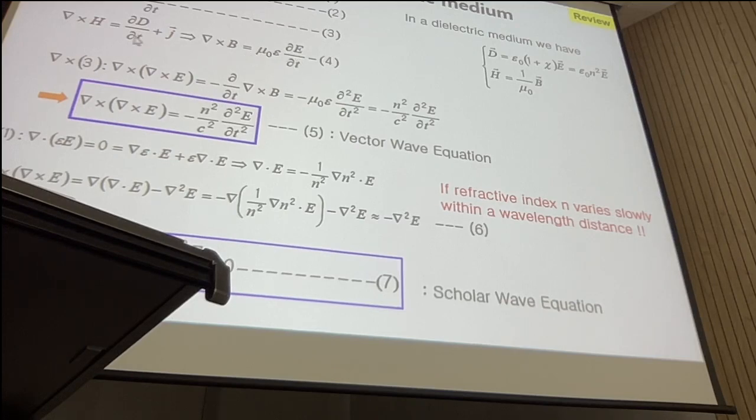And we need to derive the wave equation, and the wave equation starts by taking the curl of equation 3. So by taking the curl of equation 3, we have curl curl of E, and curl of B can be replaced with equation 4. So we can remove the B.